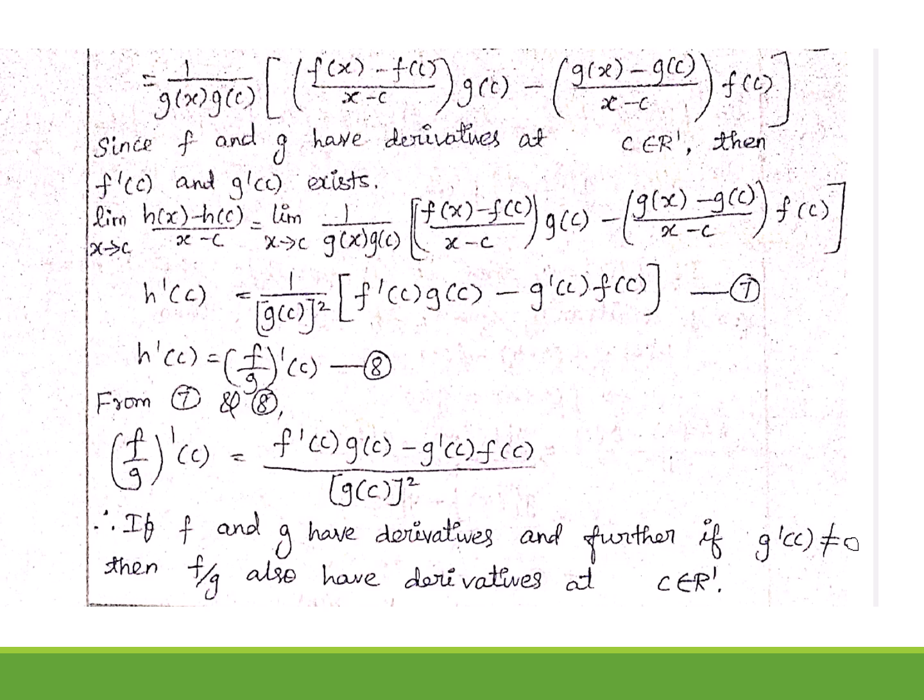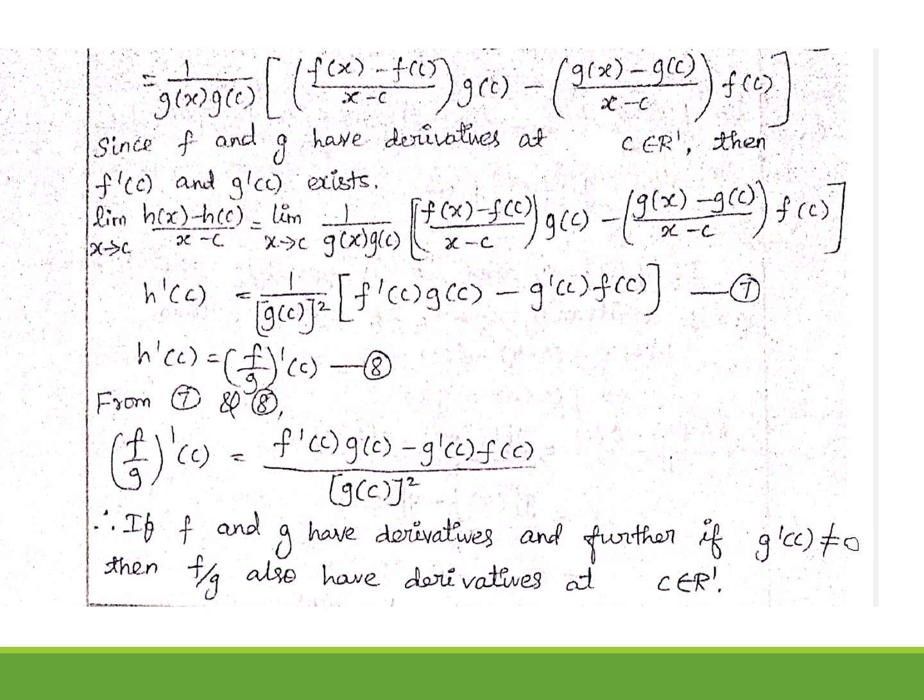Taking the limit on both sides as x tends to c, [h(x) minus h(c)] divided by x minus c equals the limit as x tends to c of 1 divided by g(x) g(c) into the remaining terms.